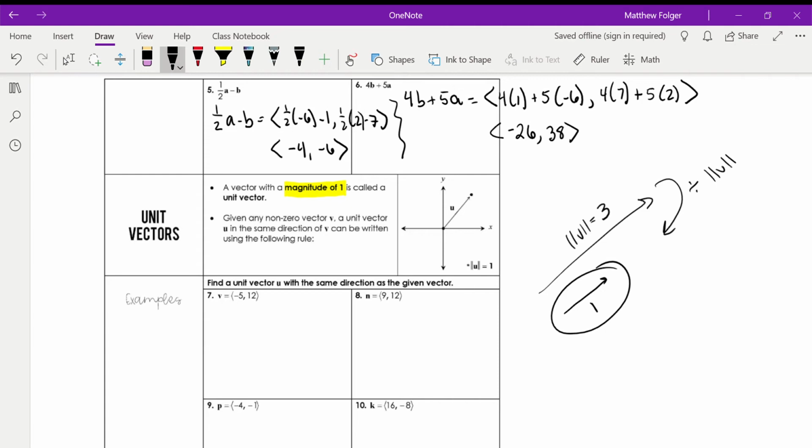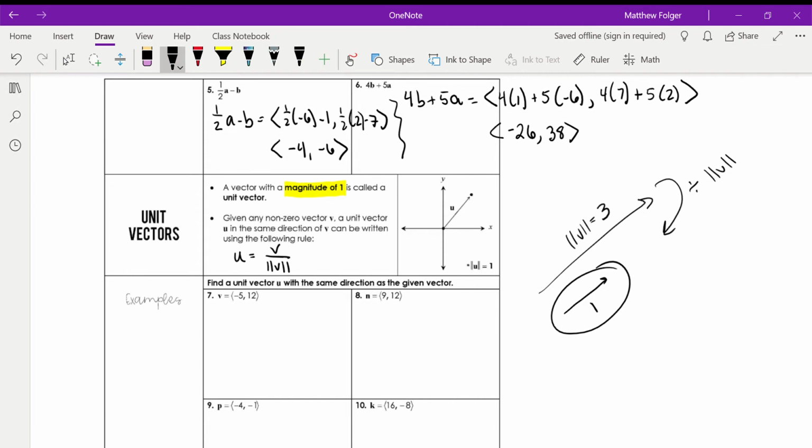So to write a unit vector, all I have to do, I apologize, I don't know what happened with my computer, is think about the unit vector as the initial vector divided by whatever the magnitude was. It's divided by however long it was, and that'll make it so that it has a magnitude of 1.